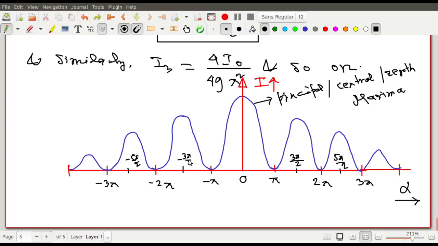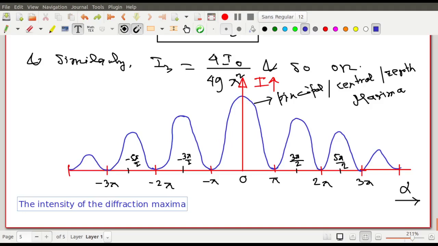Here you see that the intensities of the maximas are of diminishing order. Let me write it. The intensity of the diffraction maxima decreases with increasing order.